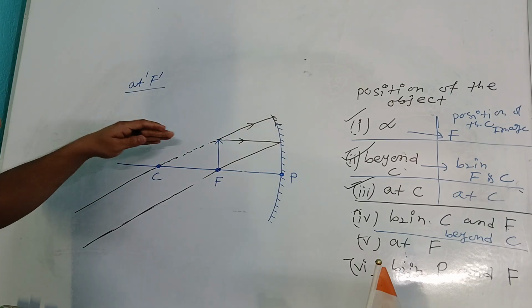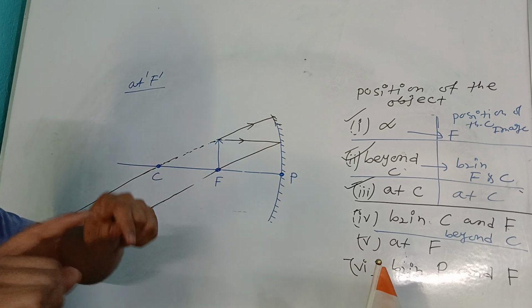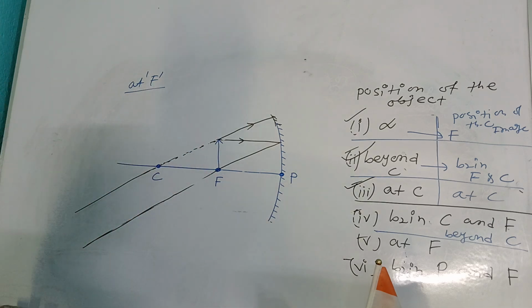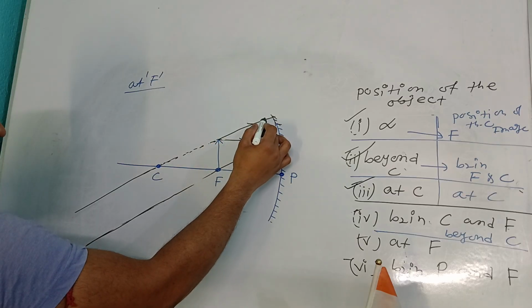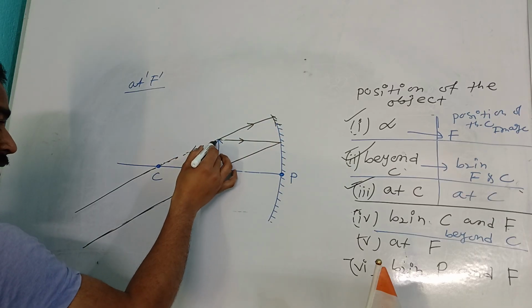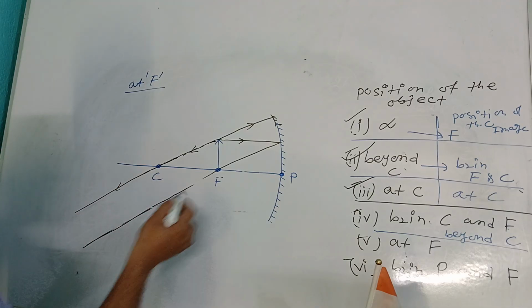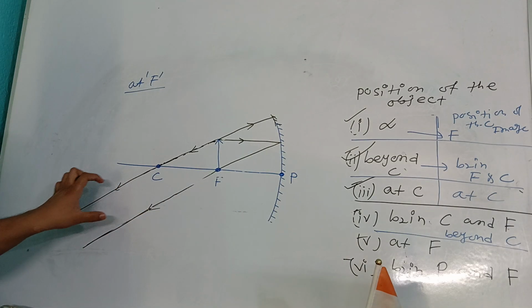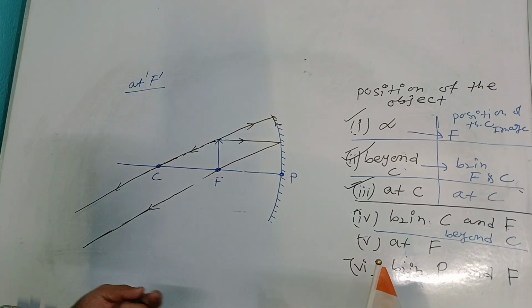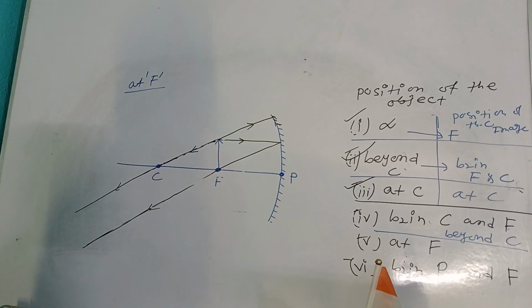Sometimes you have to consider normal incident case. So two methods we have. I am showing the first one. So see, when I am taking normal incident, it will reflect back, and this is the reflected ray. It is incident, it is reflected ray. So reflected rays are parallel to each other, and parallel rays, they will meet at infinity.